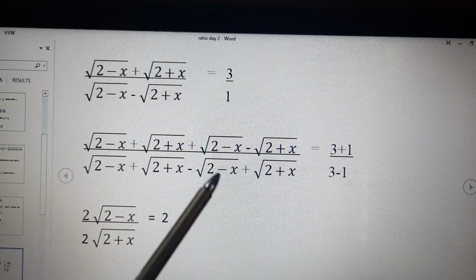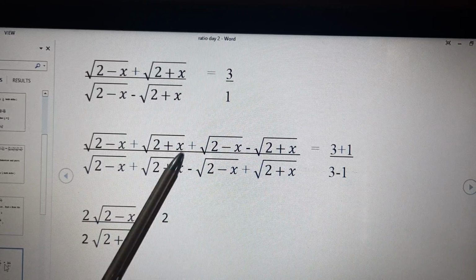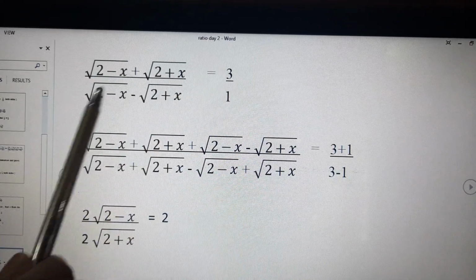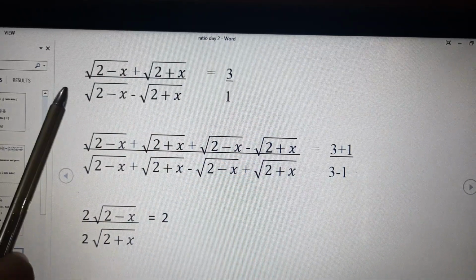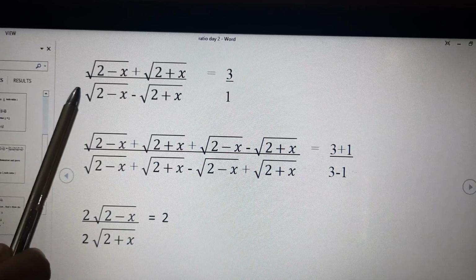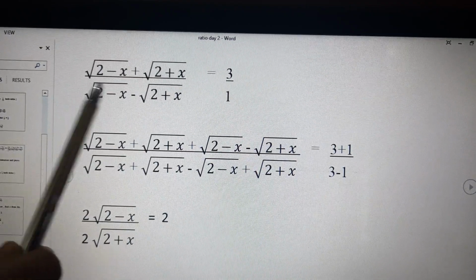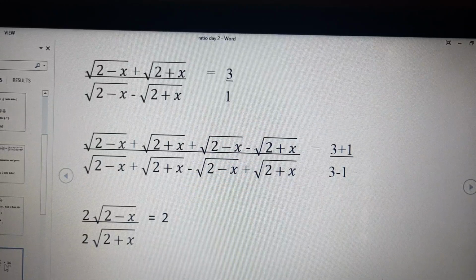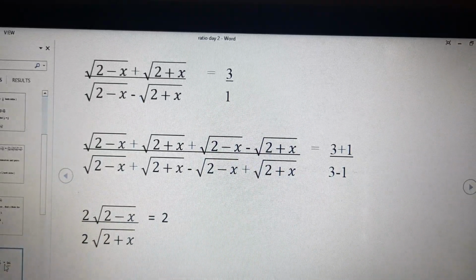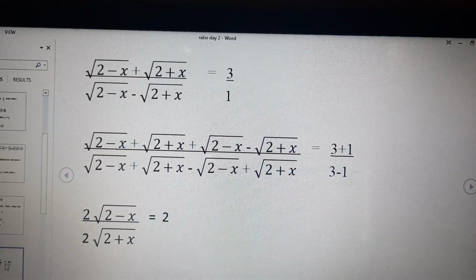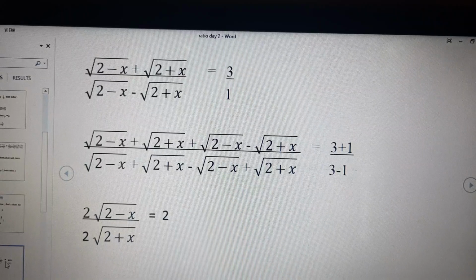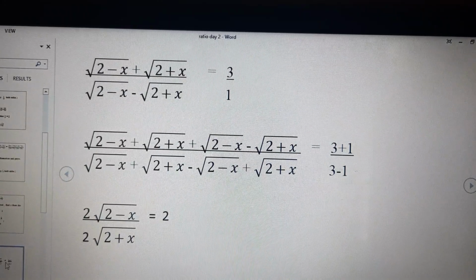You need to understand how this has become minus and this has become plus: it is numerator minus denominator, so because of the minus sign present here it will be minus root (2 minus x), and this minus will be converted to plus. So we have root (2 plus x) negative and plus root (2 plus x). They will be cancelled here.